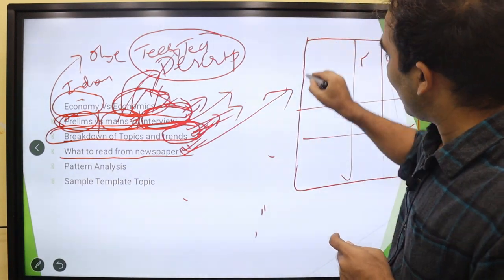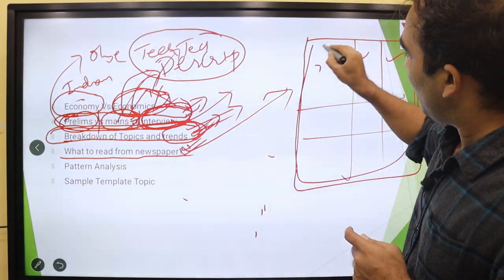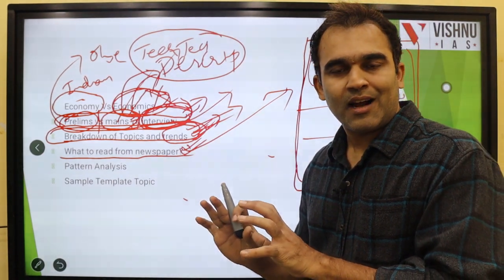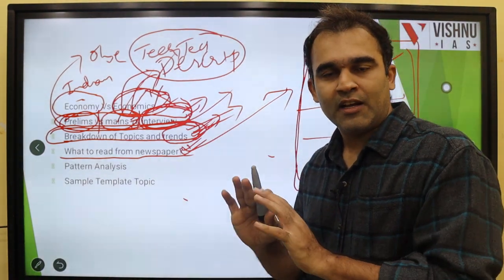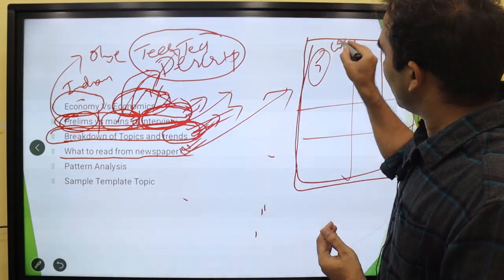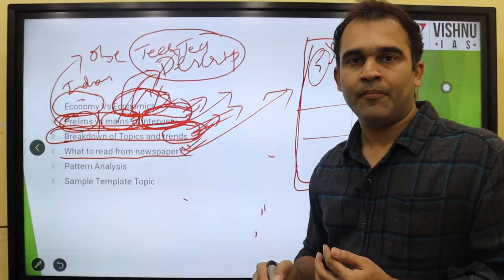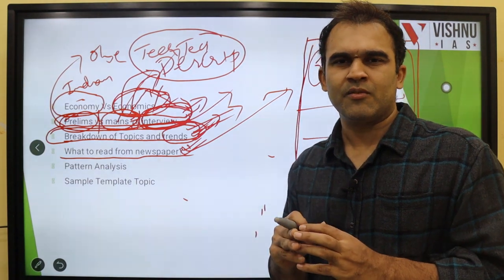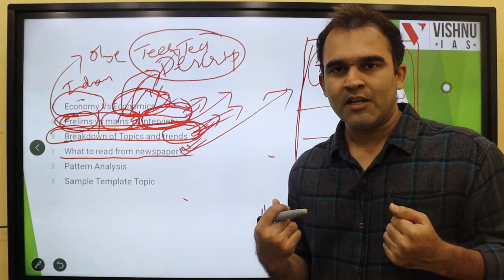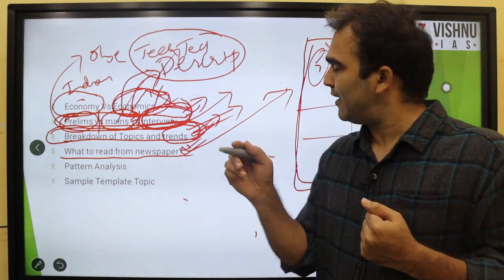So out of these 10 or so articles every day, 5 will be purely corporate news, which are not required. I'm not saying that they are completely out of your syllabus, but in the initial days, until you know what to read and what not to read, you can comfortably ignore them. The purely corporate topics: some corporate leader talks about something, some profit loss statement, some results article. You can easily ignore.